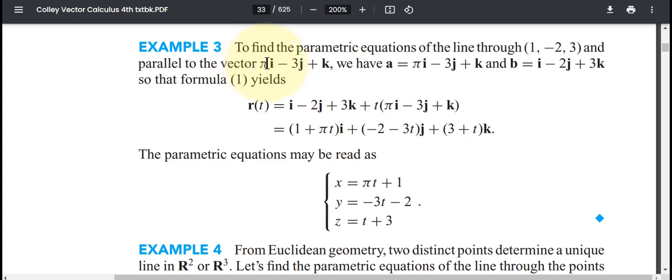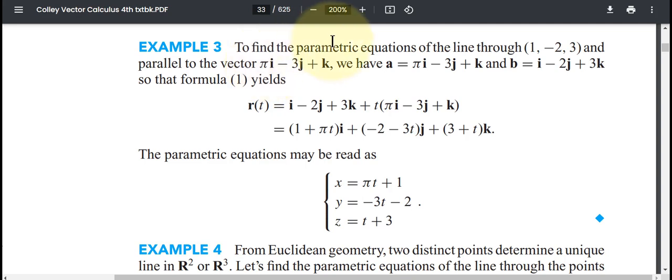I don't know why they have to give us such strange coefficients like pi. But anyway, it's just some coefficient. It seems unnecessarily confusing to use pi here. Why don't we just have a number like 5, but whatever.